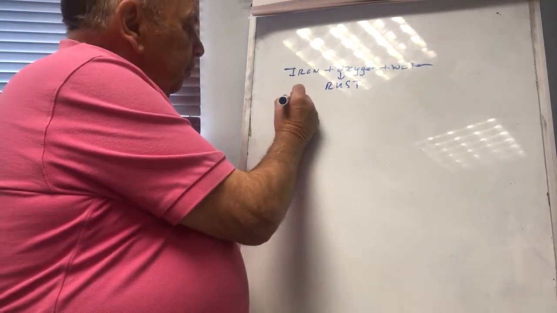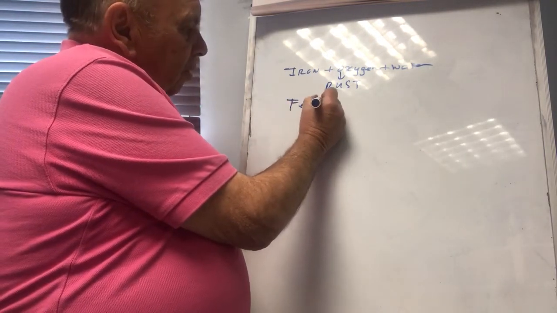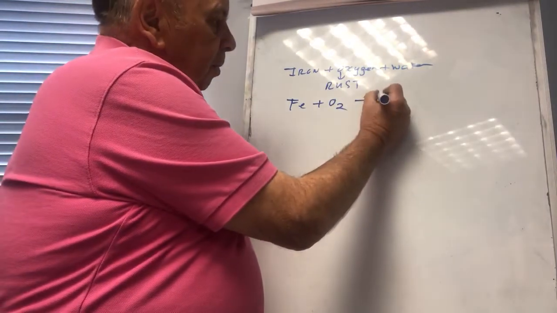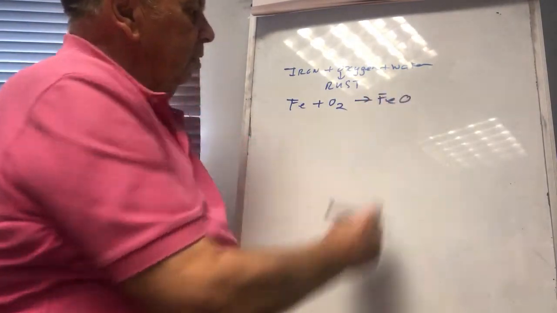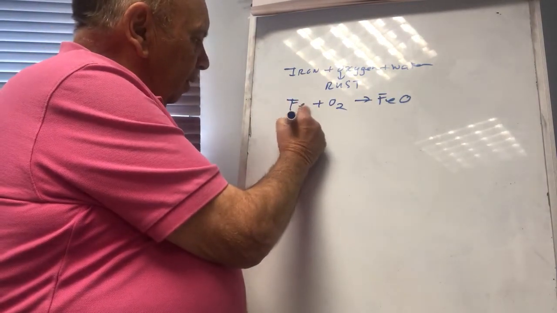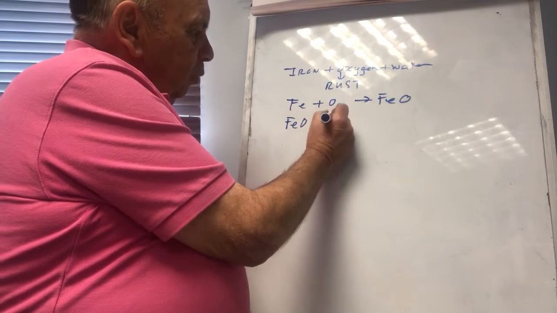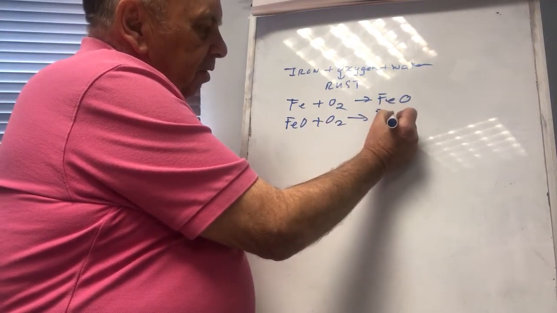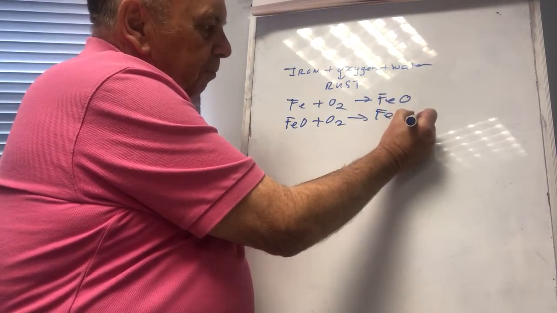The iron, Fe, reacts with oxygen to form iron oxide, FeO, and then that reacts with more oxygen to form Fe2O3.